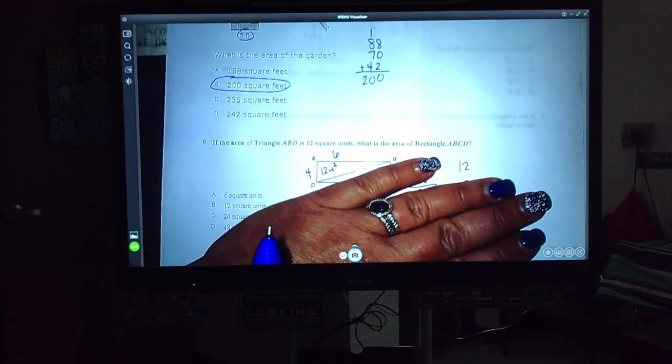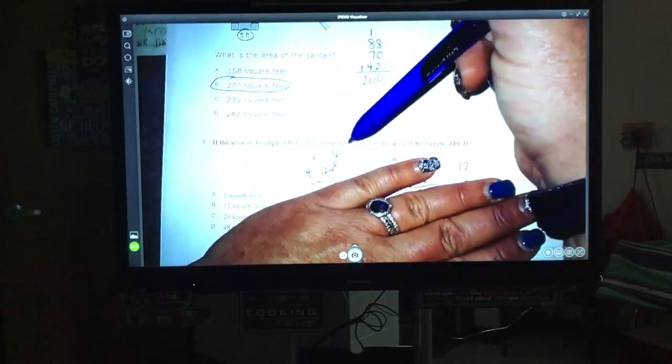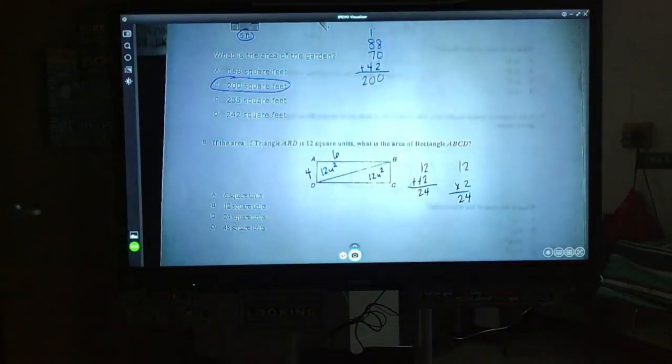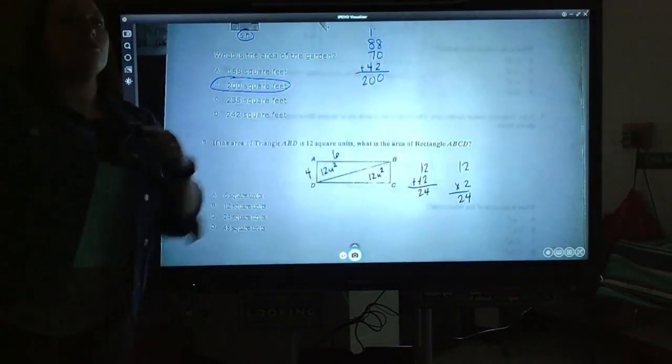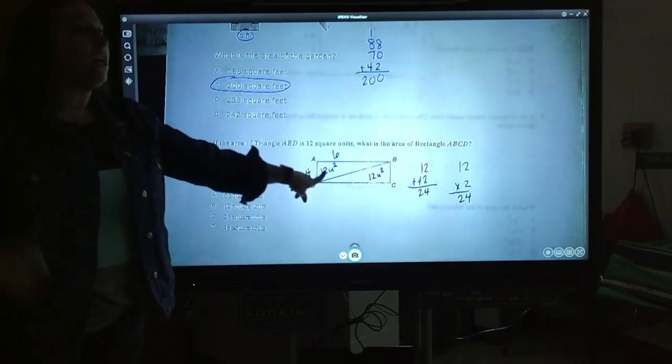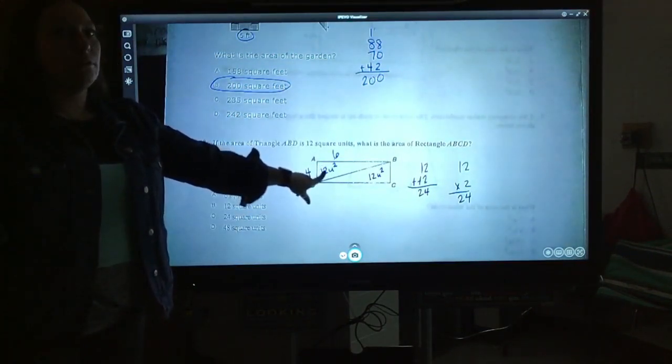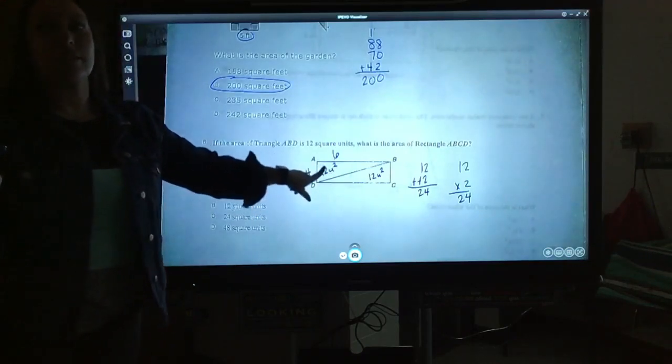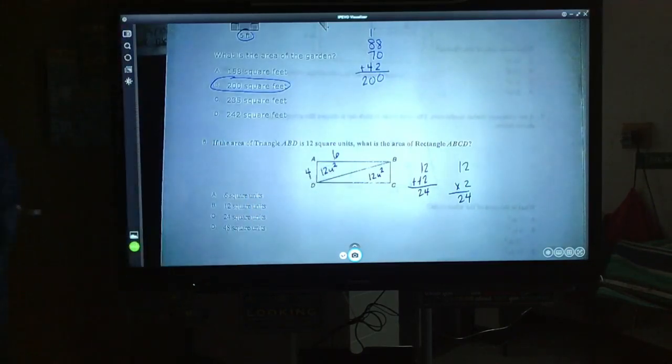Nobody looked at it that way? Good, because that's the most complicated way. The easiest way is looking at it and saying, okay, it takes 2 triangles to make up 1 rectangle, and we know the area of 1 triangle. We should be able to find the area of the rectangle by adding or multiplying.